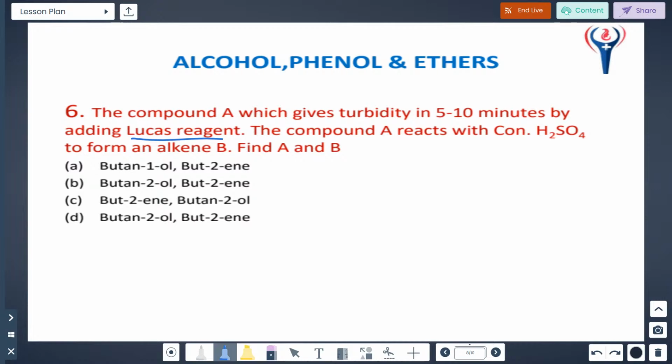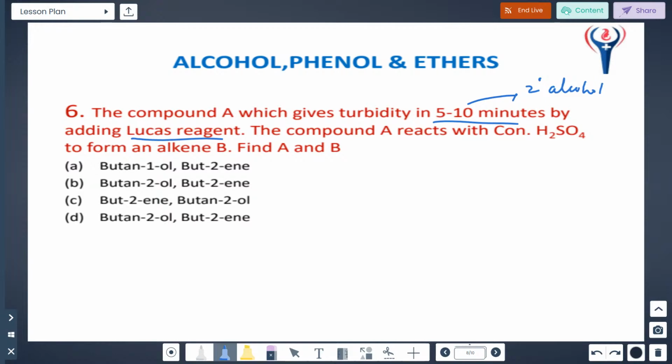Primary alcohol gives no turbidity. Secondary alcohol gives turbidity in 5 to 10 minutes. This is the hint to find the compound. So only secondary alcohol gives turbidity in 5 to 10 minutes.